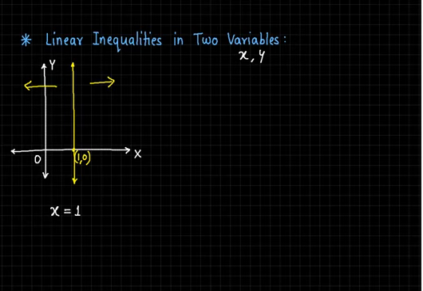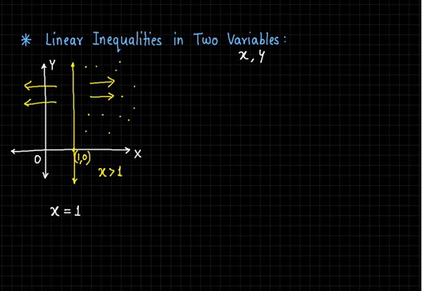Now if you consider the region on the right side of this line, clearly any point on that side will have an x coordinate naturally greater than 1. So that region represents the inequality x greater than 1 in the xy plane.